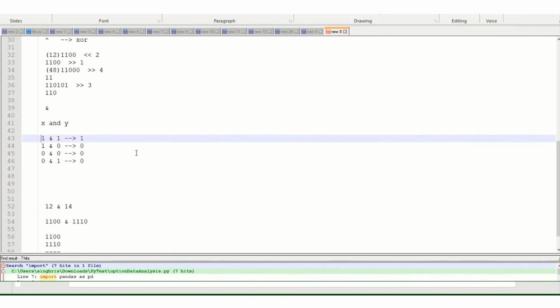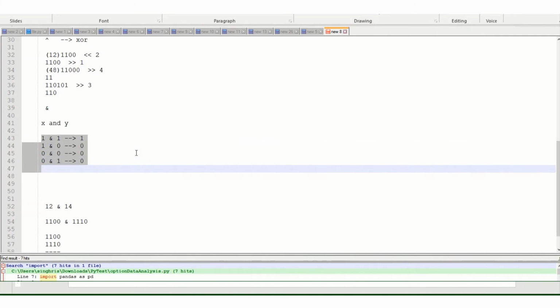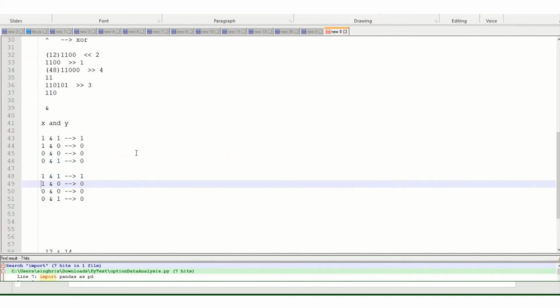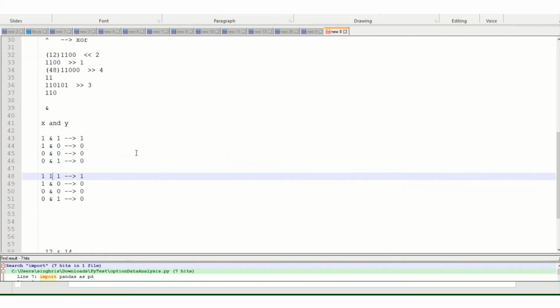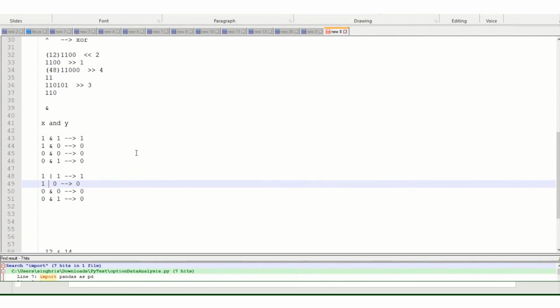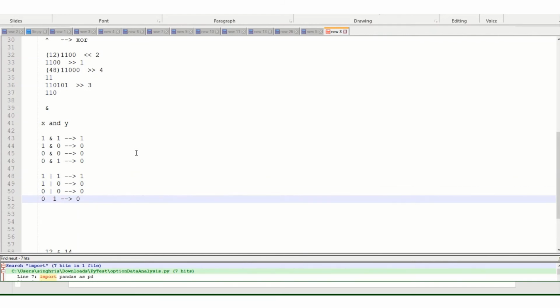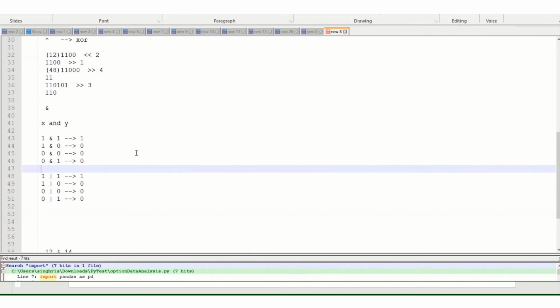Similar to this one, this is the OR operator. With the OR operator, if both of them are 1, then it is 1. If any one of them is 1, then it is 1, otherwise it is 0.